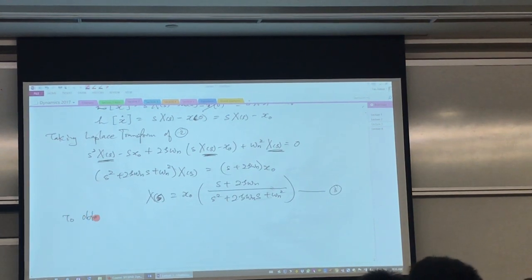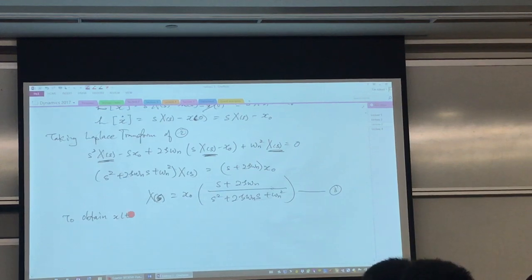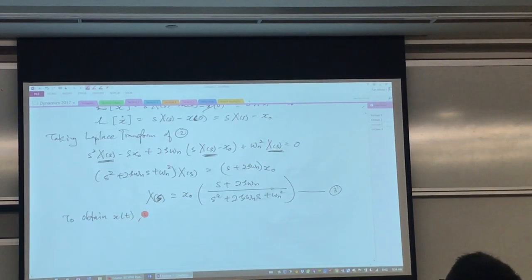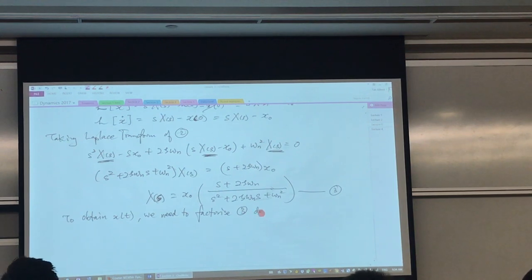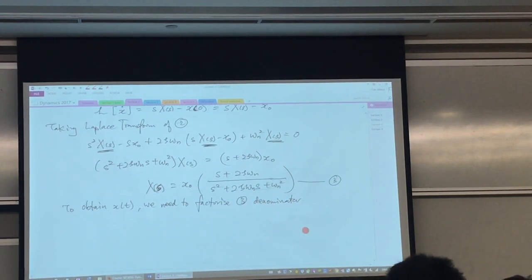To obtain x(t), which is your time response, we need to factorize equation 3, factorize the denominator.